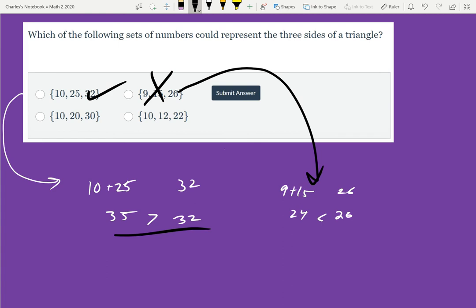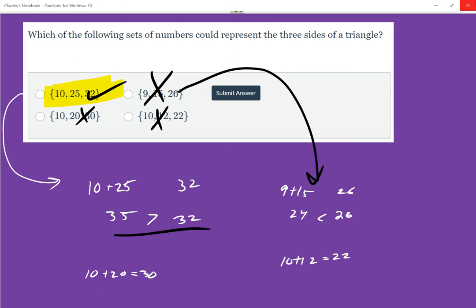If I get equal to it, like in this one, 10 plus 20 equals 30, that's also bad. I can't do it. And let's see, 10 plus 12 equals 22. That's also bad. So this would be your answer. This is the only one that can make a possible triangle with those sides.